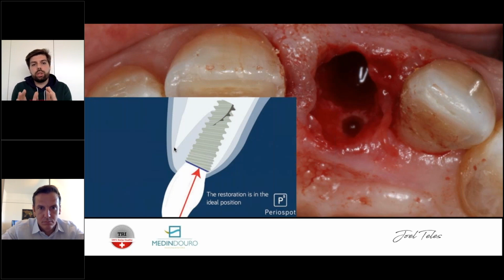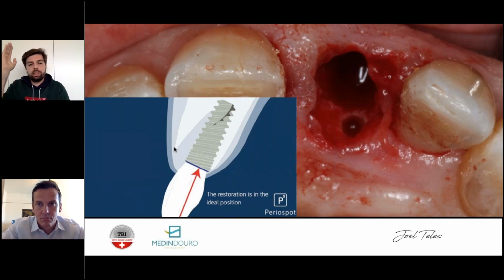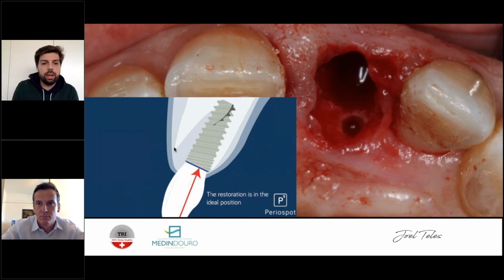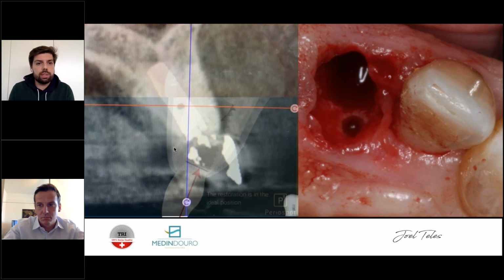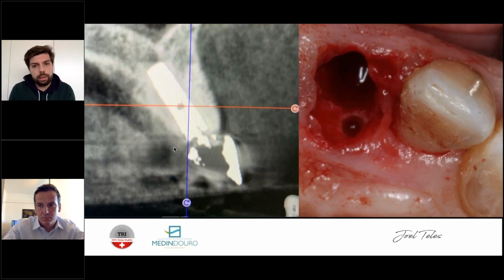If you use the ideal position for a restoration in aesthetic zone, you realize that your implant should always be placed touching that palatal wall, and this is why this double trajectory is very important. You can see here a CBCT of exactly what I'm telling you.